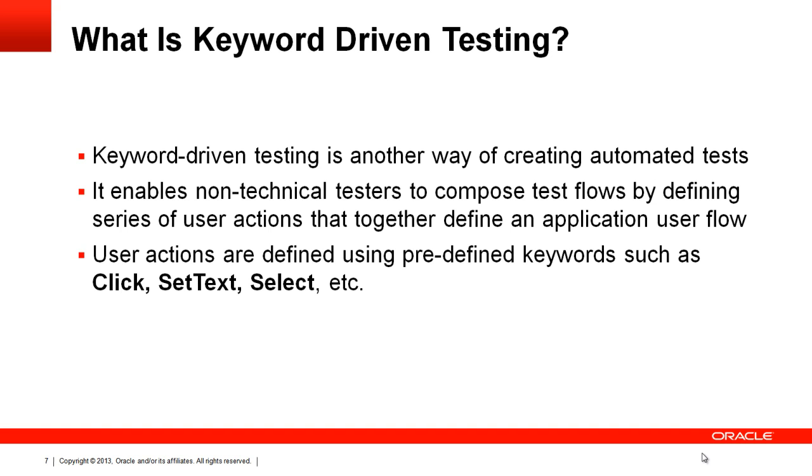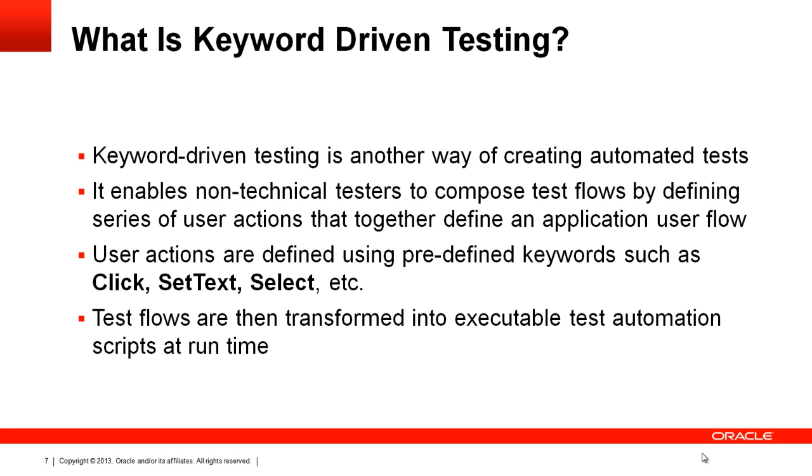The user actions that are used with keyword-driven testing frameworks are typically operations like click, set text, select, and so on. The test flows that are created with the keyword-driven testing framework are then later transformed into executable test scripts that can run against your application to verify the functionality of it.